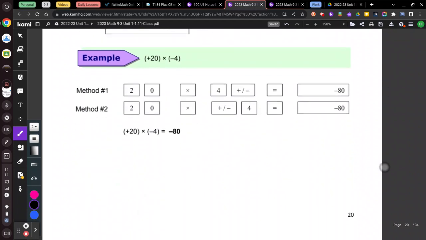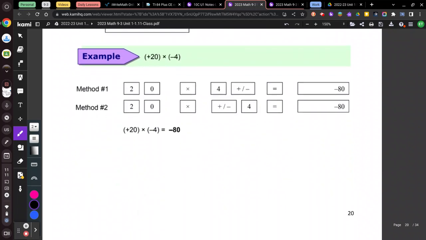Same thing with the next example. Count the number of negatives. How many negative signs do you see? 1. If I've got 1 negative, the signs are different, my answer will be negative. And if you know your answer is negative, do you have to put the negative sign in? No. In my calculator, I would do this.